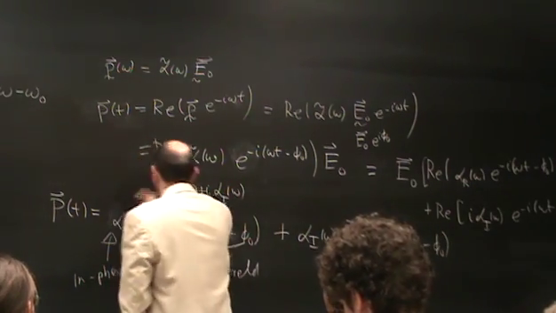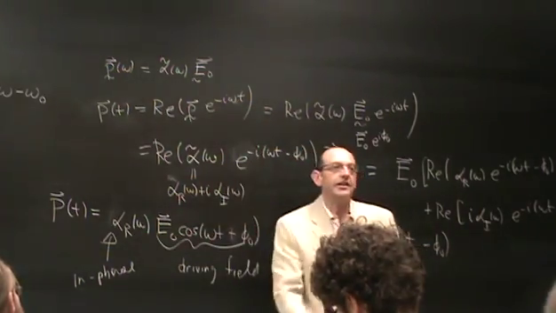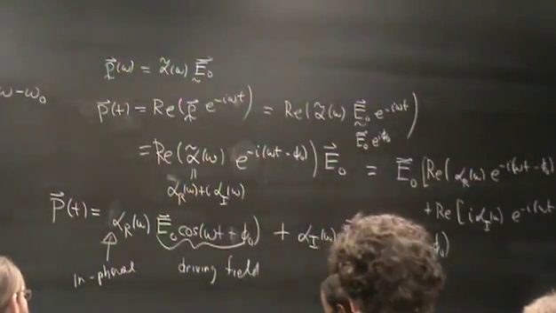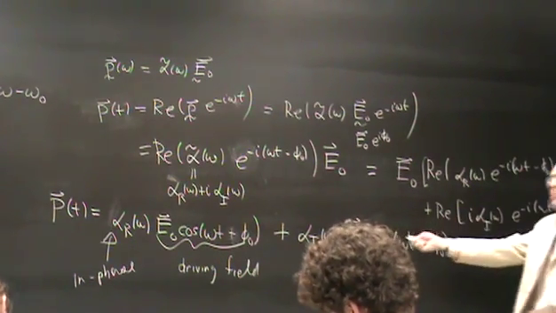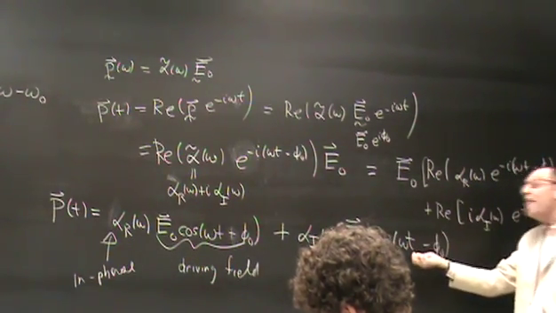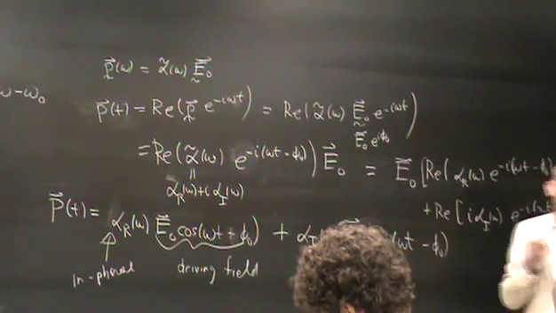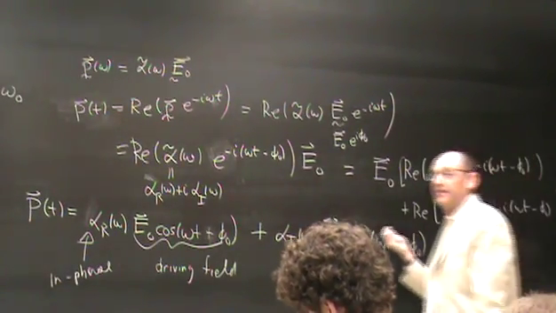The real part of this complex function is telling me how much of the oscillation is in phase with the drive. The meaning of the imaginary part is just that it's telling me how much of that is in quadrature, meaning 90 degrees out of phase with the drive. It's all it means.